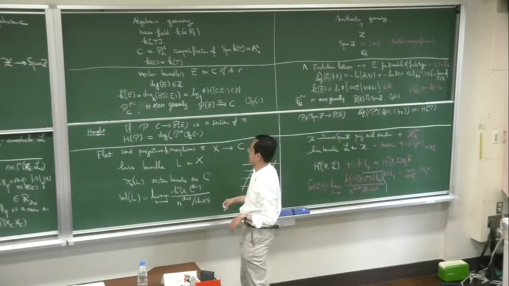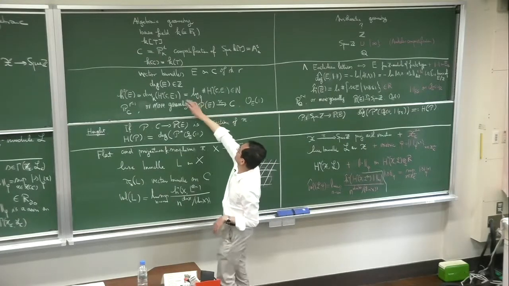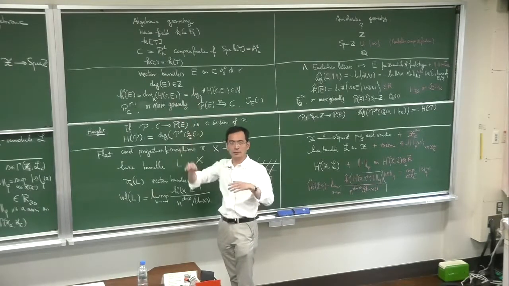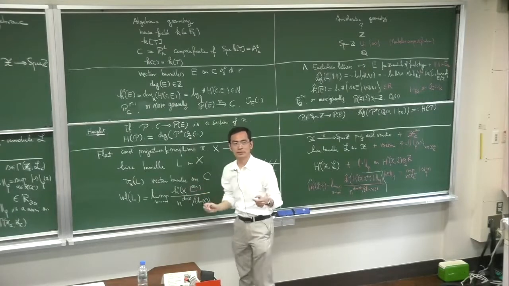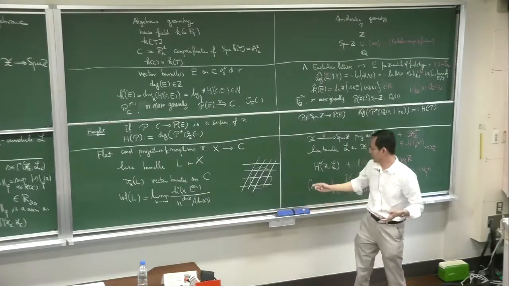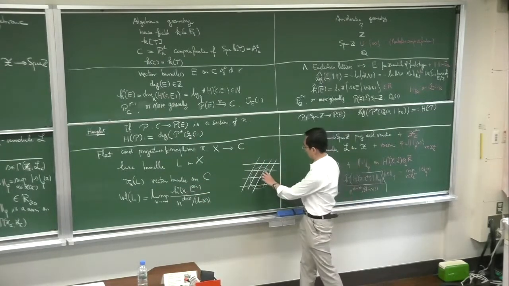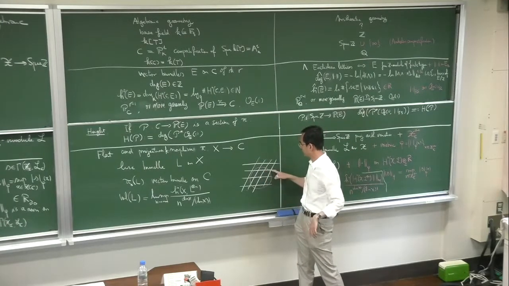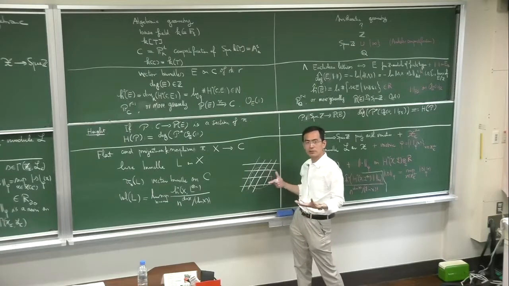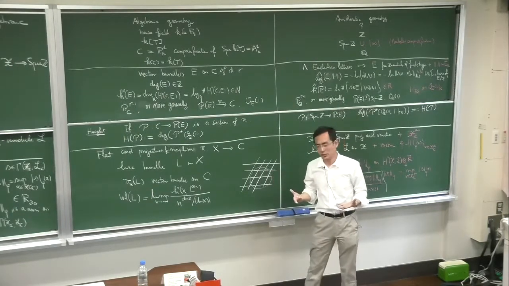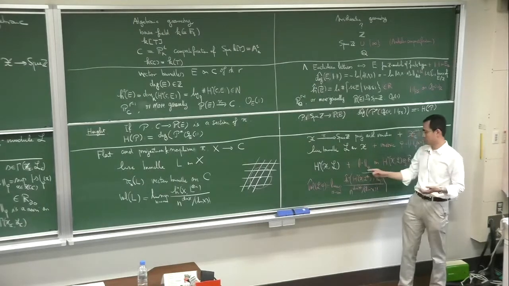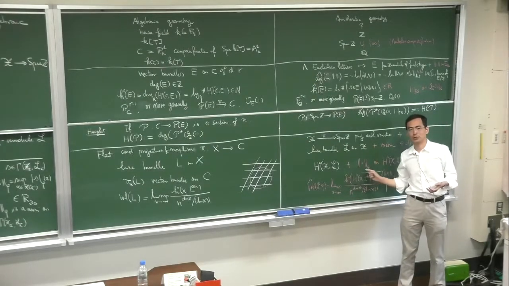This is similar to H0 of C here. But that set is a vector space over a ground field, or at least it is a group, stable under addition. Now if you take two points here and here and try to calculate their sum, you find a point which is outside of the unit disk. So you don't have any reasonable algebraic structure on such a set.